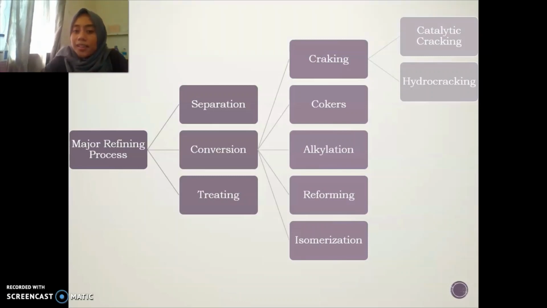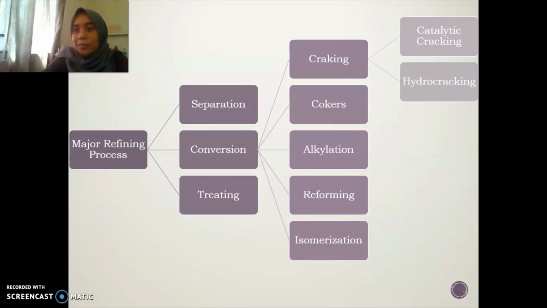And the fourth process is the reforming process. Reforming is a process that converts naphtha into higher octane molecules to produce reformate. We also know that reformate is a high octane number gasoline component. And the last process is the isomerization process.